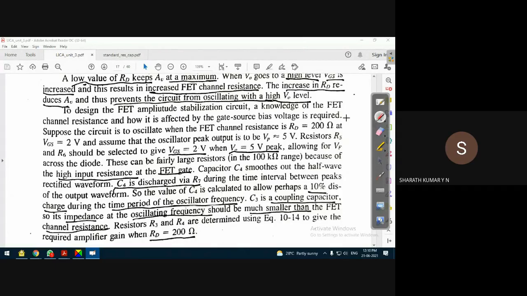So this amplitude stabilization circuit requires knowledge of the FET channel resistance and how it is affected by the gate source biasing voltage. For example, there is one example given here, guys. Let us say the circuit oscillates when the FET channel resistance is 200 ohms at a gate to source voltage of 2 volts, and assume that the oscillator peak voltage is 5 volts.